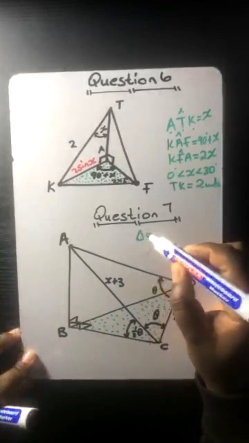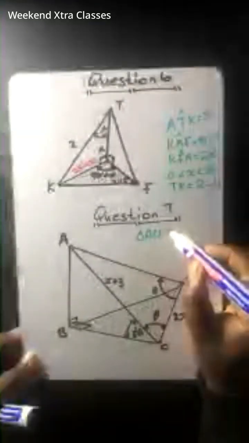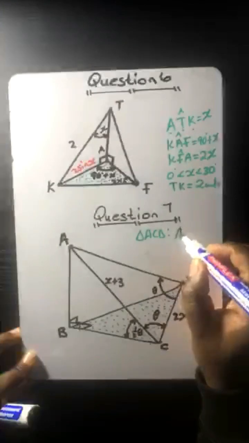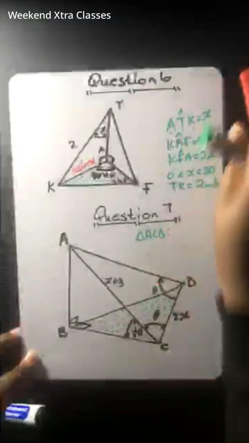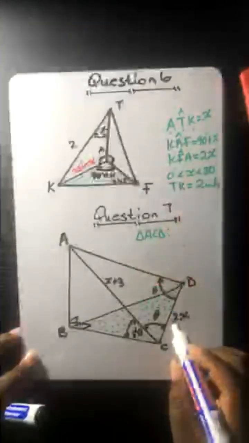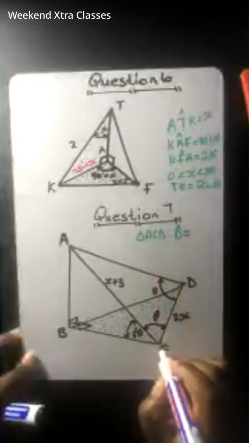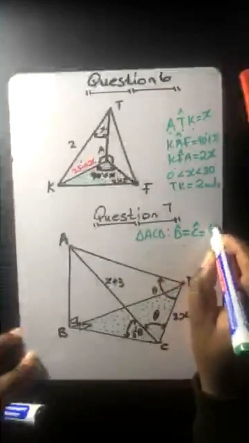Can you see they're saying in triangle ACD, let me just say, keep it short, you are having angle D, because of space, angle D being equal to angle C being equal to theta.